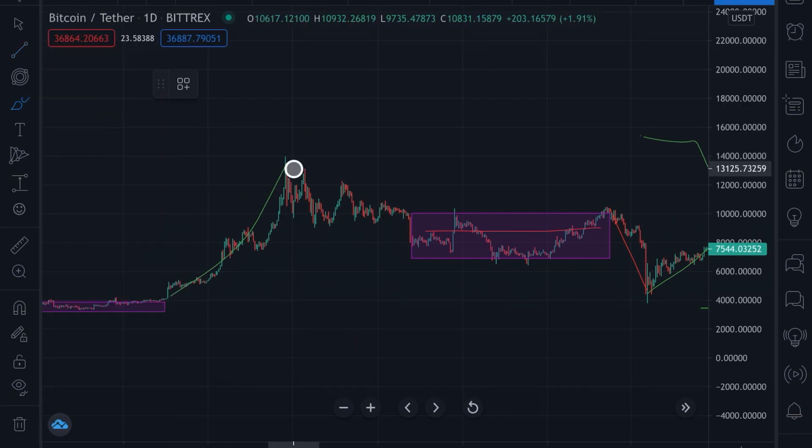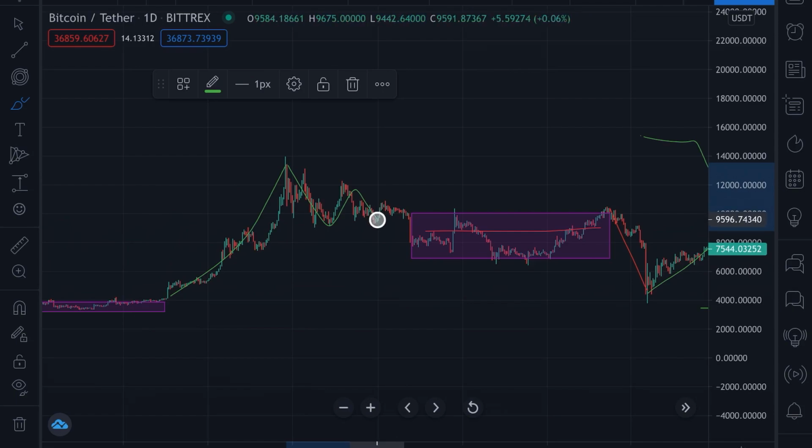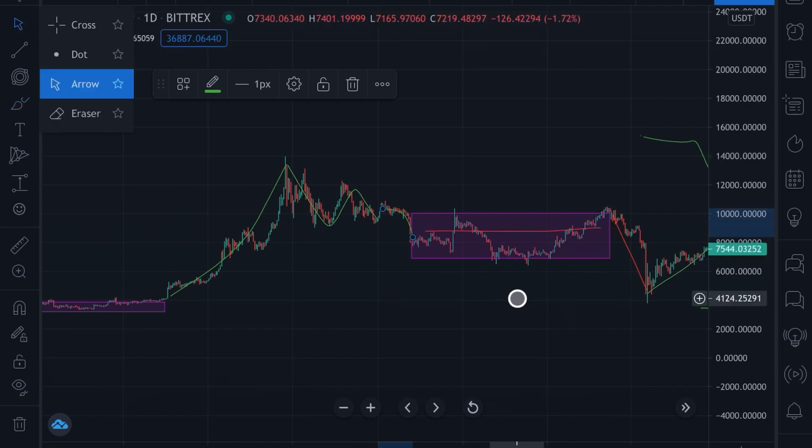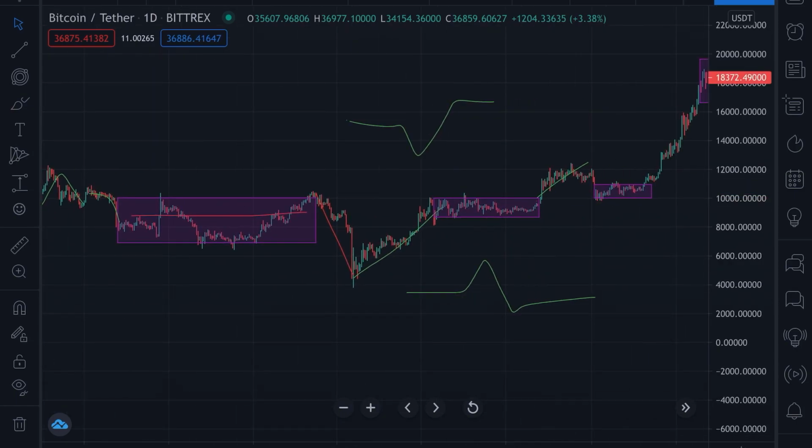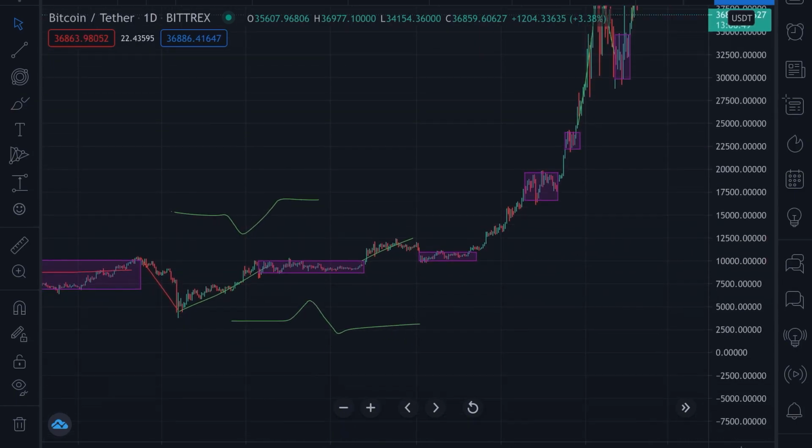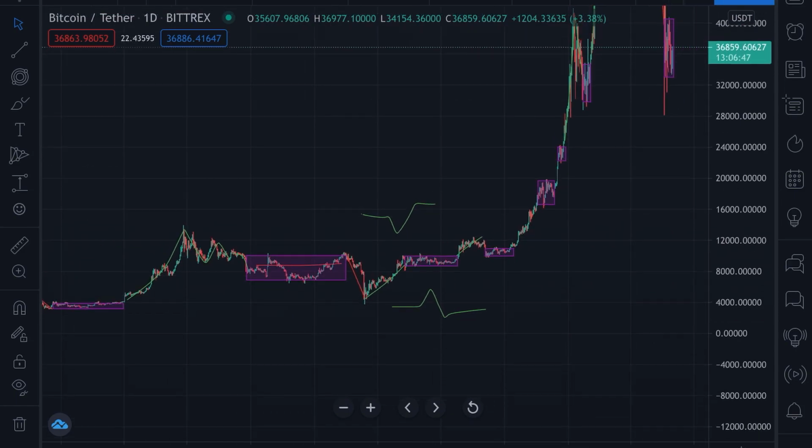So you can see here the trend turns to a downtrend, comes down, up, down. Then we have consolidation, small consolidation range where it breaks down into a new consolidation range, and that is where our video started. So I hope this helps to clear up market cycles for you.